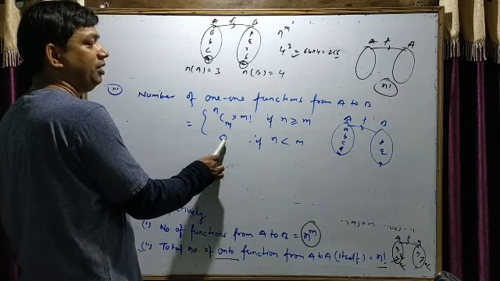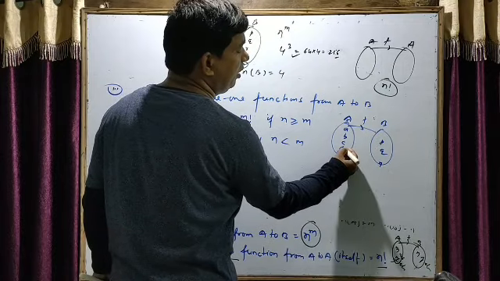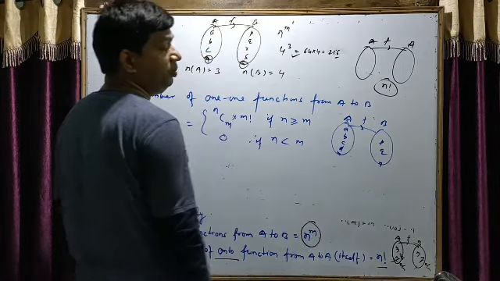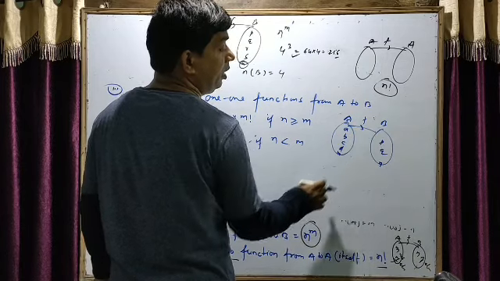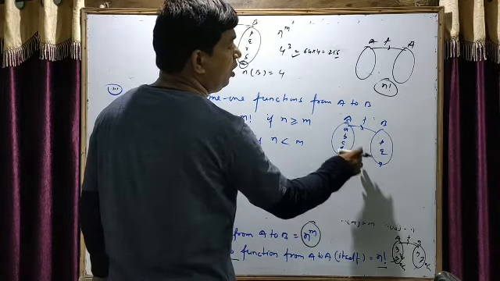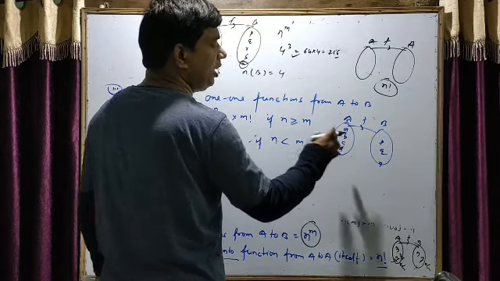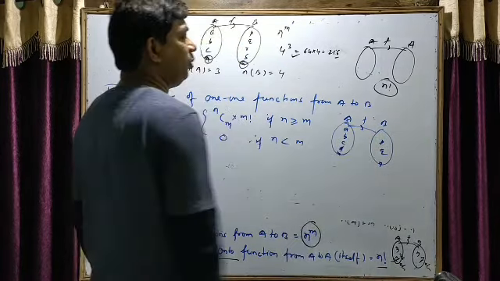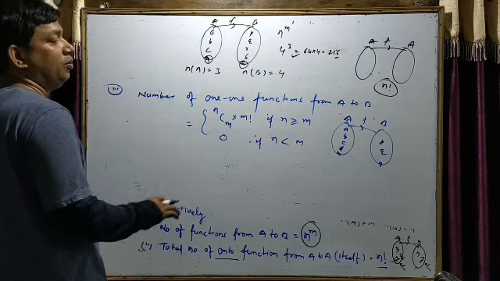That is why the number of one-one functions is 0. Because A has 4 elements and the codomain contains 2 elements, either all the elements relate to P or Q, or 3 relate to P and D relates to Q. That means it is never a one-to-one correspondence.